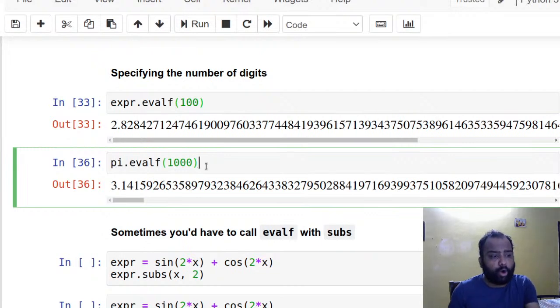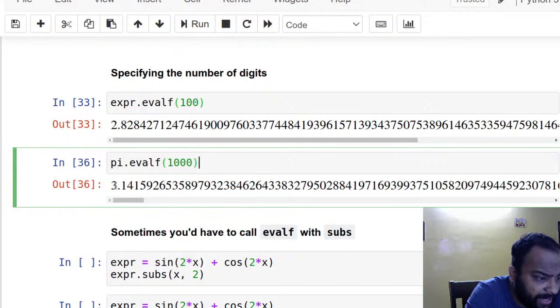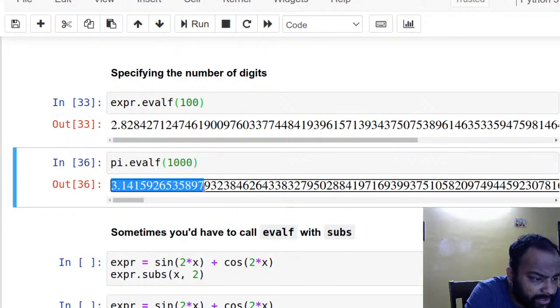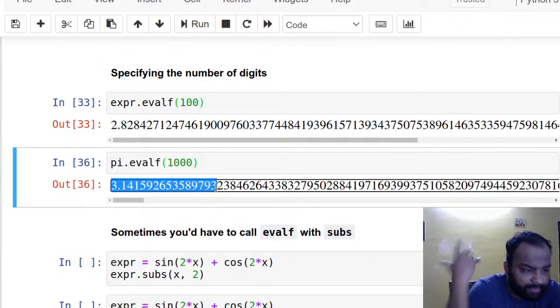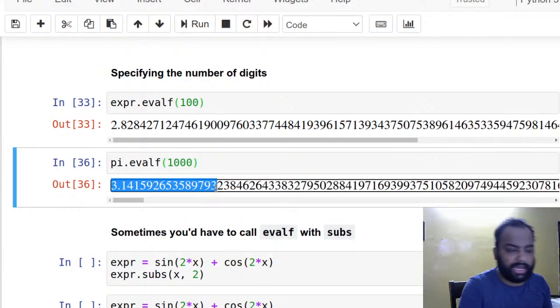But if I import pi from NumPy, in that case, it will just be a double precision floating point number. So only 64 bits of memory will be allocated as a floating point number. So pi will be stored as a constant that has a 64-bit storage capacity, and you'll be able to store only about 15 or 16 digits whenever you are dealing with NumPy.